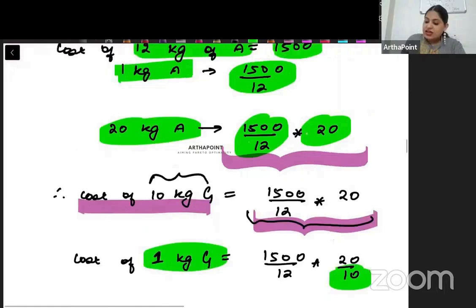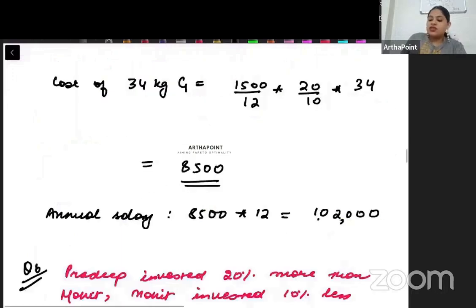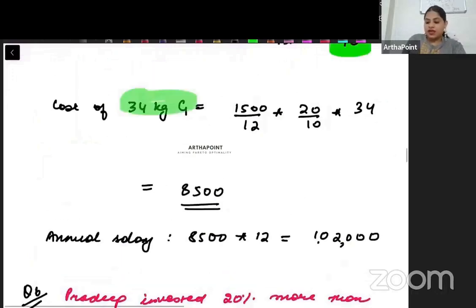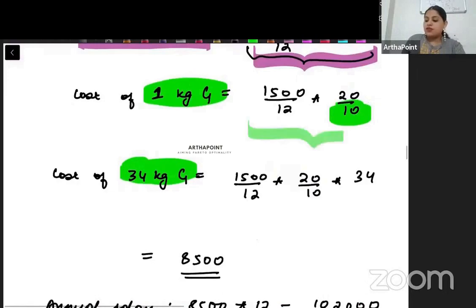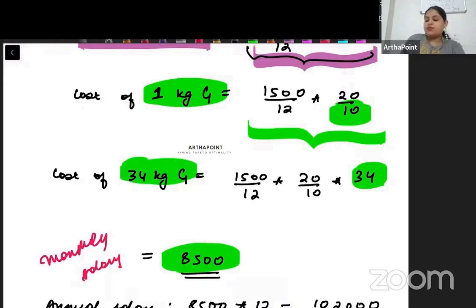Her salary is 34 kgs of groundnut. So what will be cost of 34 kgs of groundnut? 1 kg of groundnut into 34. When you solve this, you will get 8500. So we have got that her monthly salary will be 8500.